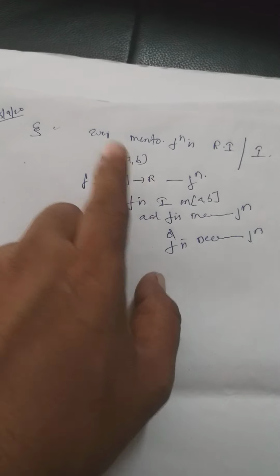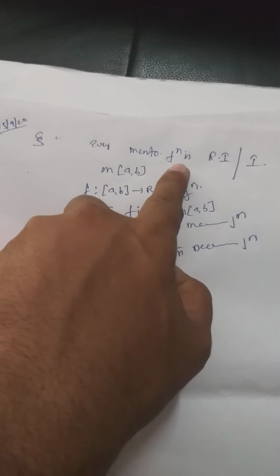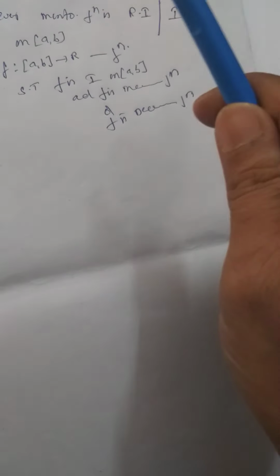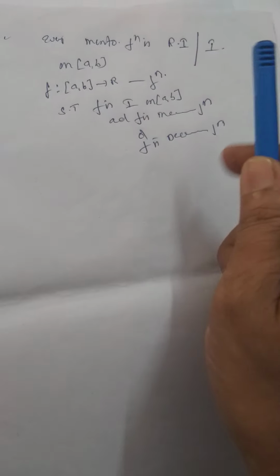Another statement is: every monotonic function is Riemann integrable on closed interval [a, b].